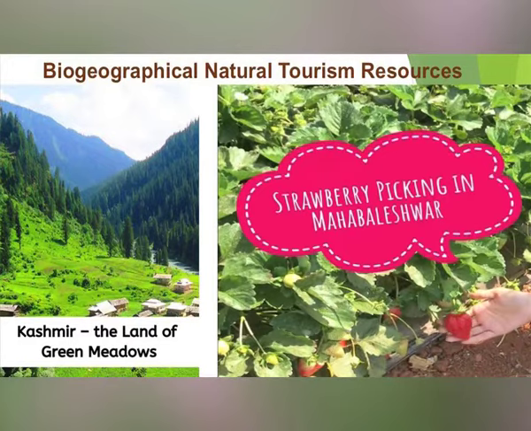When you are visiting some place in summer, you keep all these bioclimate features in mind, and when you are visiting some place in winter, you would also have these in mind. So, climate becomes a very essential element when we are classifying these natural tourism resources.